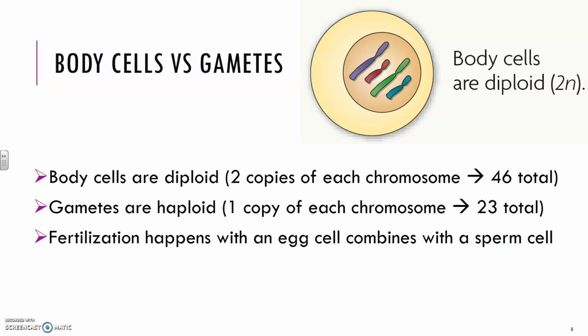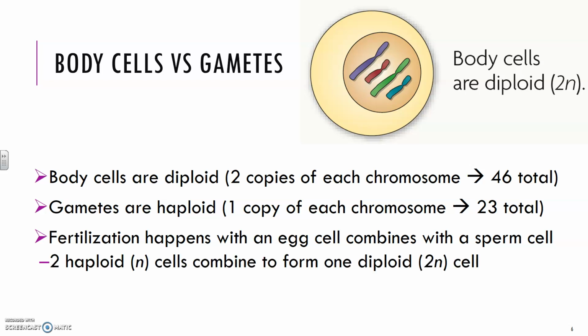So this is a major difference between the somatic cells and the gametes: somatic cells are diploid, gametes are haploid. So 2 haploid cells, which haploid is represented just by an N, will combine to form 1 diploid cell, or a 2N cell.